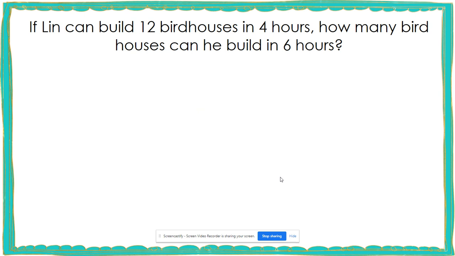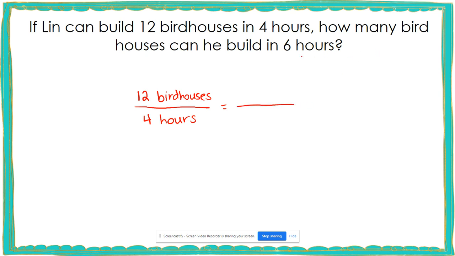If Lynn can build 12 birdhouses in 4 hours, how many birdhouses can he build in 6 hours? Well, for this, I know that my first rate is that Lynn can build 12 birdhouses in 4 hours. So my first rate is 12 over 4.